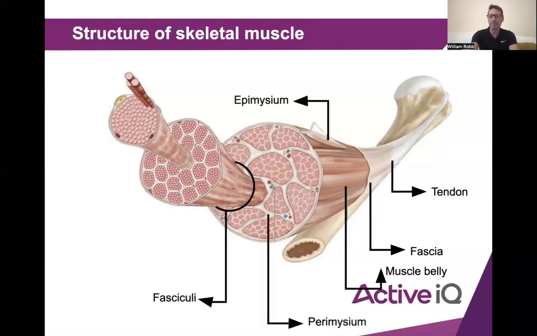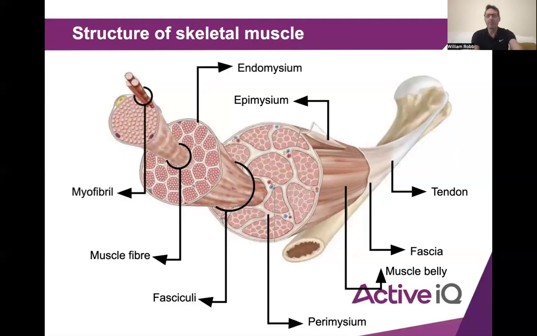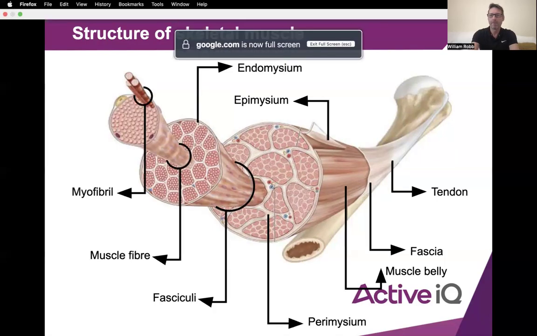Parts in between the muscle are called the perimysium. And then we're looking at one individual muscle fiber. And if we pull out another strand, we have the myofibril. On the top here, we've got the endomysium around it.